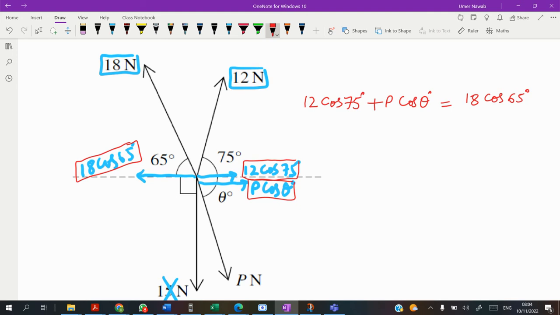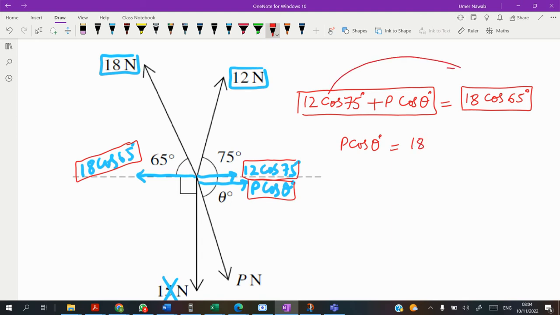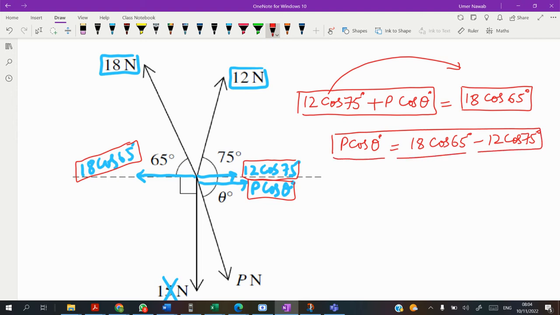The sum of the right hand forces is equal to the sum of the left hand forces. So try to make p cosine theta the subject. Send this term to the other side: 18 cosine of 65 minus 12 cosine of 75. So this equation is found by using the x effect. Now I'm going to use the y effect.